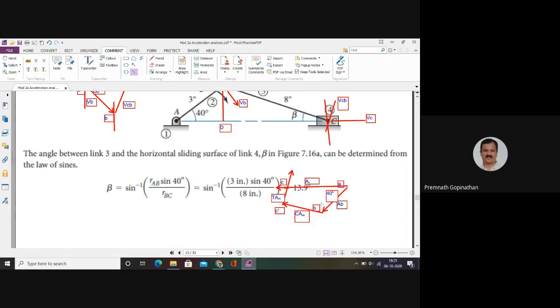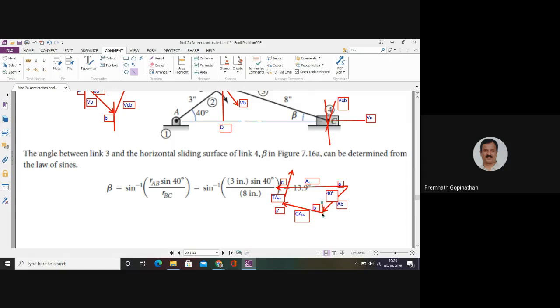At point B, I can draw a perpendicular, a vertical like this, so with respect to that line I can have an angle of 50 degrees, right? So this angle towards the right of B will be 50 degrees, and the angle at the other position will be equal to 90 minus 13.9, because we already got the inclination of BC as 13.9.